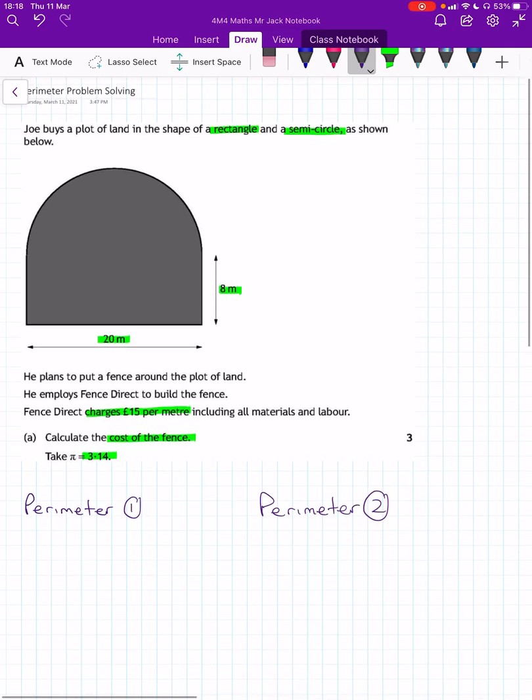Now remember what we've done previously is we've just stuck a line across to indicate the two shapes. So I'm going to put a dotted line across there. In an exam situation, you could quite happily just draw on your exam paper. So I'm going to call this number 2 and this number 1.